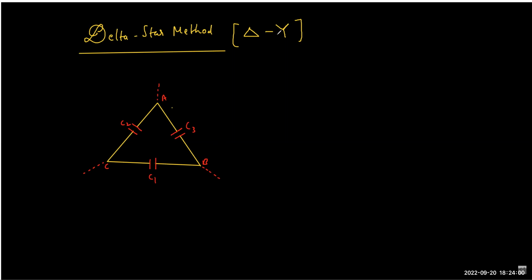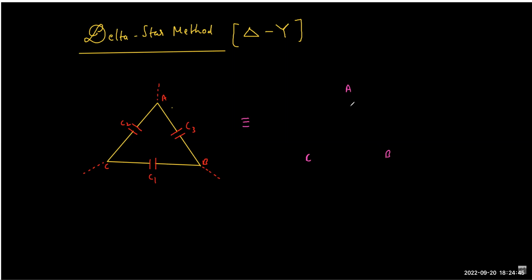Now what is star or Y? In the theory of transformation of circuit, when you transform one circuit into another form, the theory says that the junctions must be maintained. We cannot affect the junctions. So A must be there, B must be there, C must be there. And at the same time, the equivalent capacitance between the circuit and its transformed version must be equal.